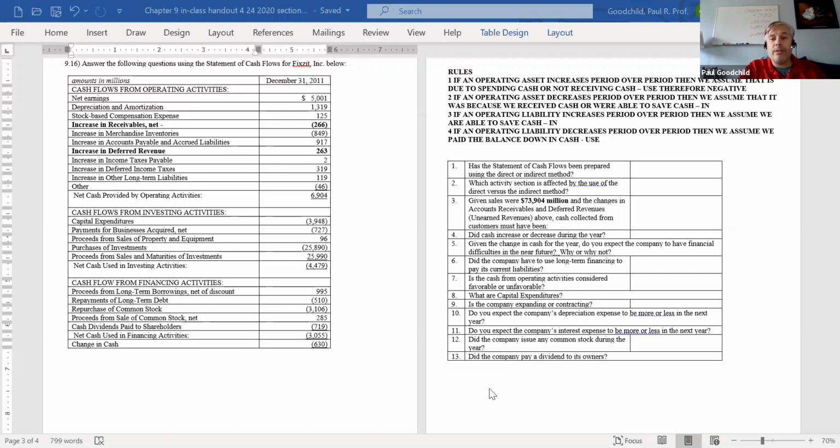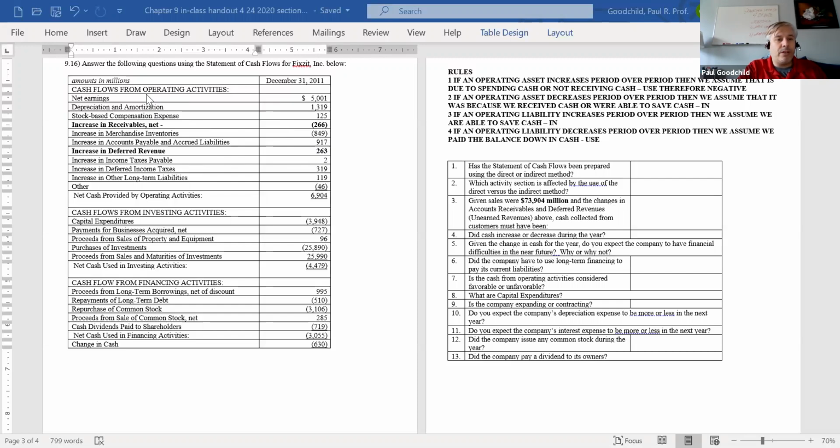And if you'll notice, it's in the operating section. So anything in the operating section is going to be current assets or current liabilities. You can see here, this says increase, and yet it reduces the net earnings. This says increase, and it increases the net earnings.